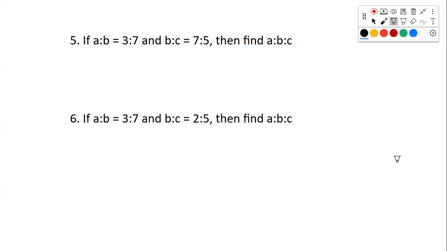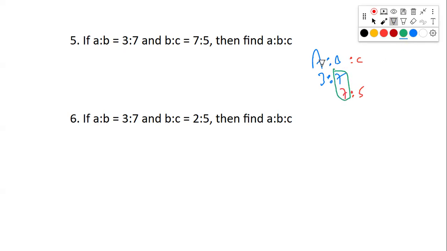Here, some students may have a doubt. First you will write A is to B, which is 3 is to 7. Agree up to this point? Next, B is to C is there. B is to C is 7 is to 5. My objective will always be the middle number.